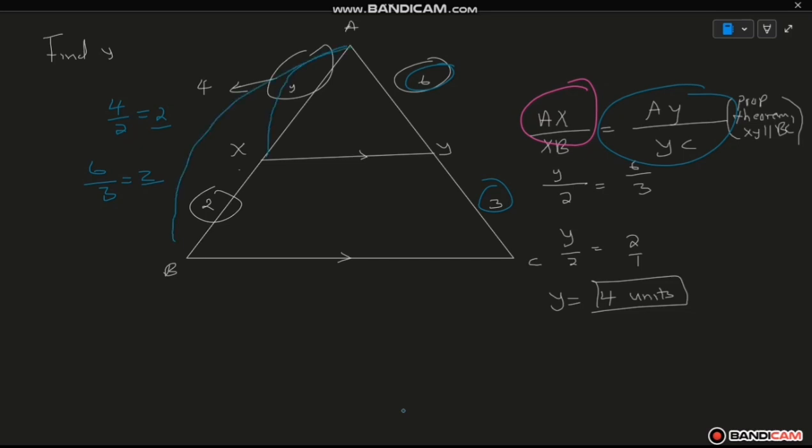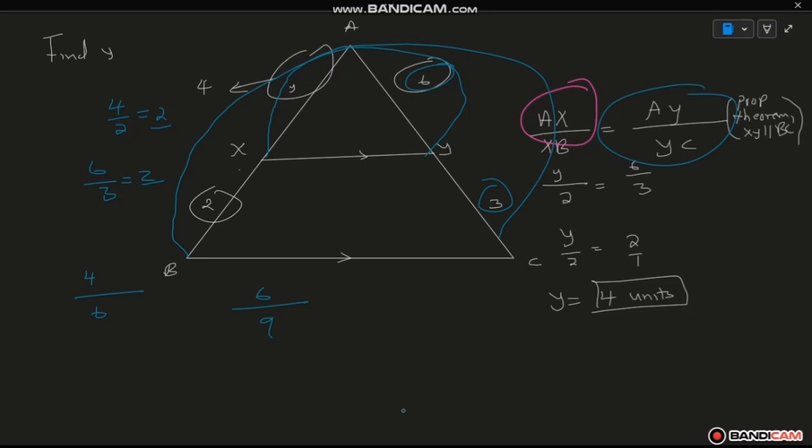Or you can use this one, AX over AB. AX is 4. What is AB? You add 4 and 2, you're going to have 6. Then this is equal to AY over AC, 6 over 9.